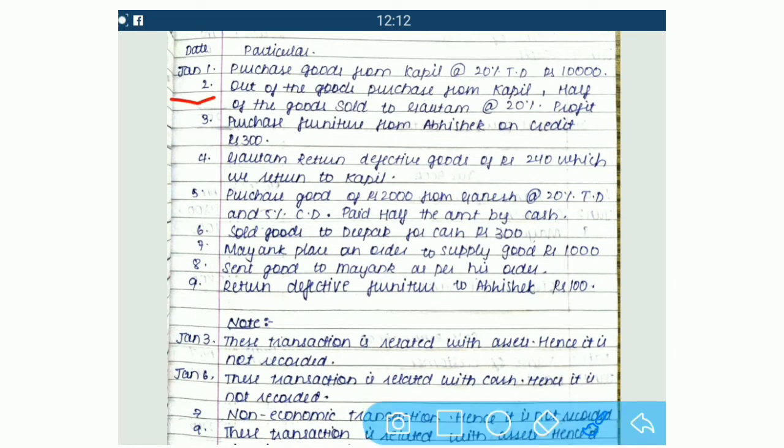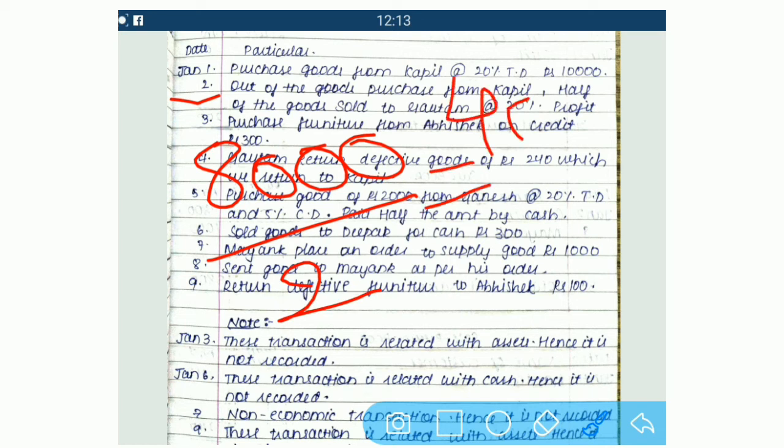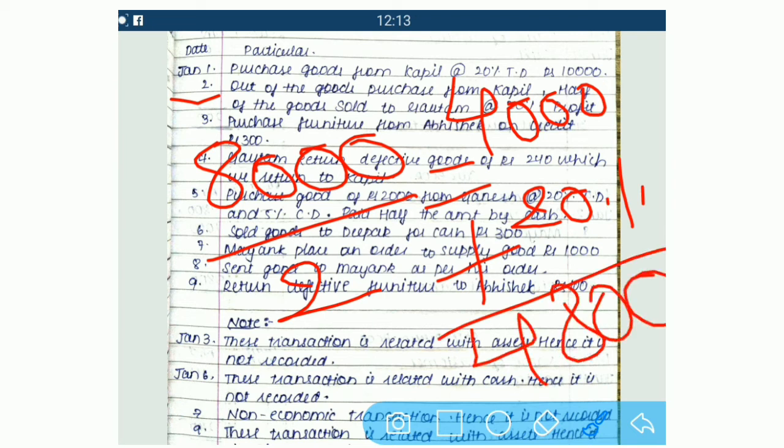Then number 2, out of the goods purchased from Kapil, half of the goods sold to Gautam at 20% profit. Now from Kapil we have purchased goods worth rupees 8,000 and half of the goods, either divide by 2 or take 50%, so half goods are going to be rupees 4,000, and those goods are sold at 20% profit. तो ये 4,000 में if we add 20% profit over here, तो कितना टोटल यहाँ पे हो जाएगा? 4,800.